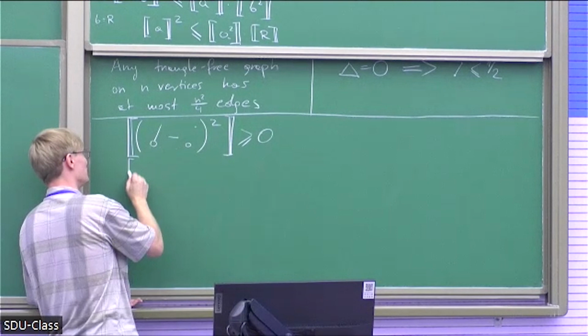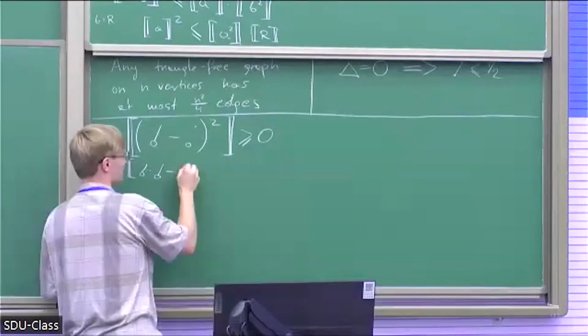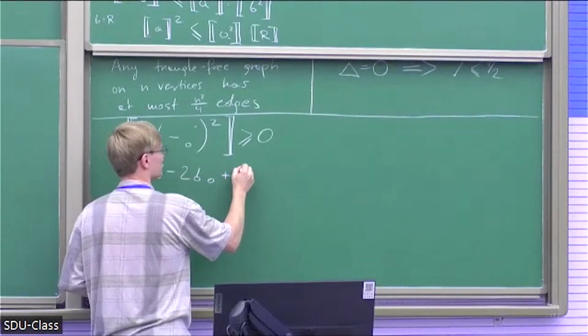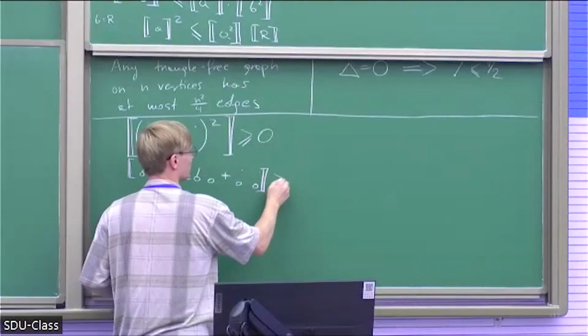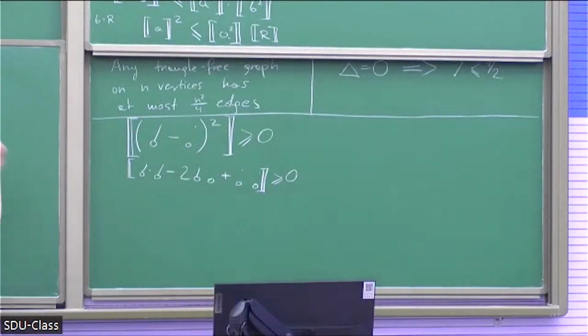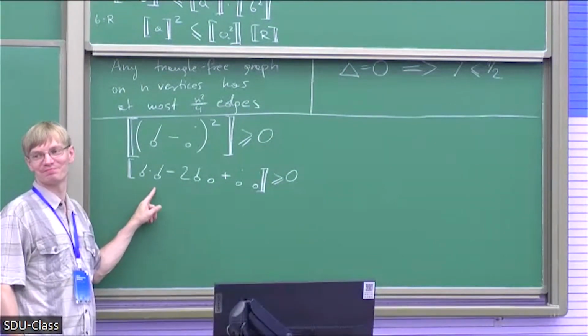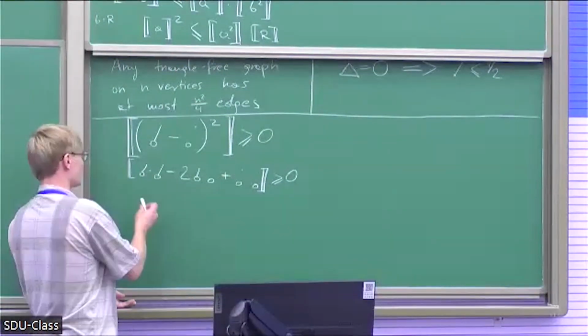Let me do it slowly. So I have this, minus 2 times this, plus non-edge, non-edge, everything is averaged and greater or equal. We know how to multiply this. I even did it somewhere, over there.